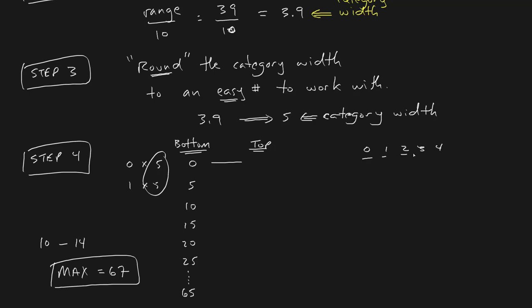So 5 numbers starting at 0 is going to be 0, 1, 2, 3, 4, and that's it. This is 1, 2, 3, 4, 5 numbers. So from 0 to 4 is my very lowest category. And then here's where it picks up. After the 4, I get to 5 is in the next category, 5 to 9, and then 10 to 14, and so on. 15 to 19, 20 to 24, 25 to 29, and so on and so on, until I get up to 65, 66, 67, 68, 69.